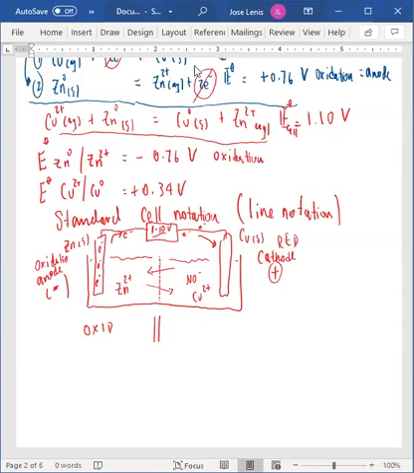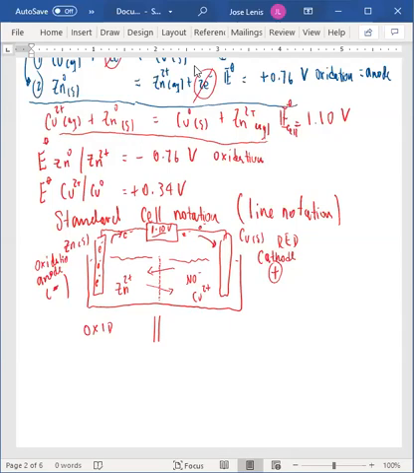These two bars represent the salt bridge and will separate the two phases. We have two phases here, aqueous and aqueous, right? Between these two cells, we have aqueous phase and aqueous phase.